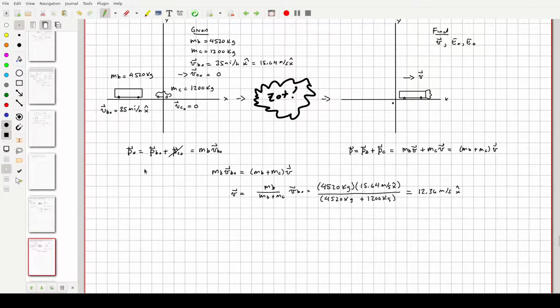If you convert that to miles per hour, it ends up being something like 27.6 miles per hour, or about 28, keeping two sig figs. So what's happened, obviously, is the bus hit the car, it picked up this extra mass, and as a consequence, the composite obstacle rolls away at a velocity that's less. So here's one answer.